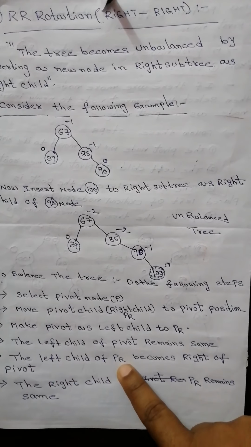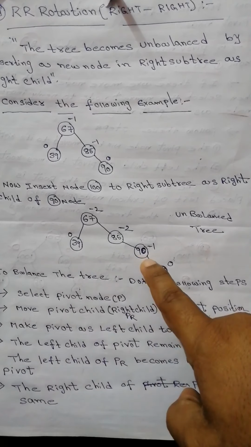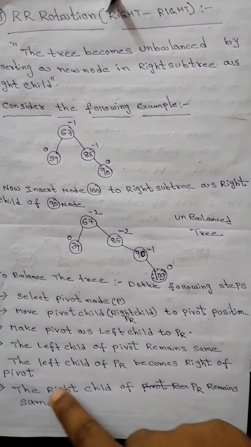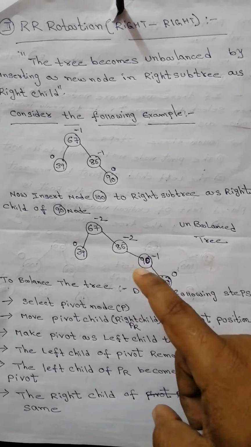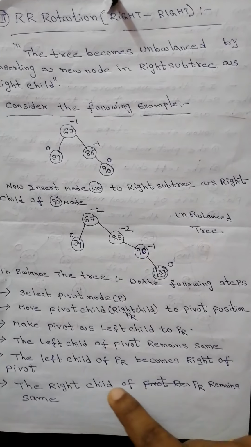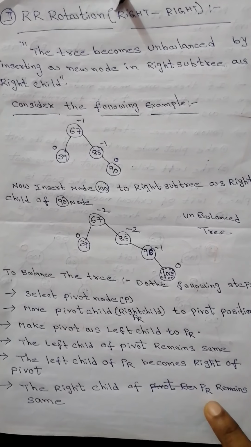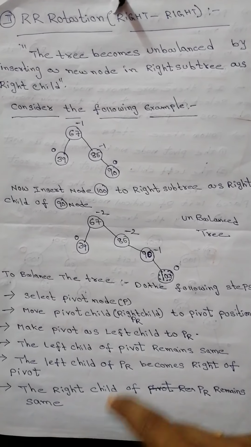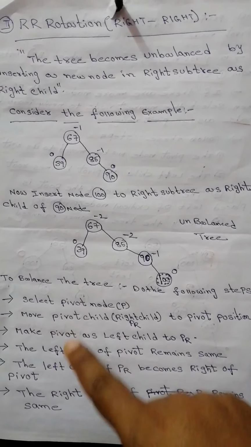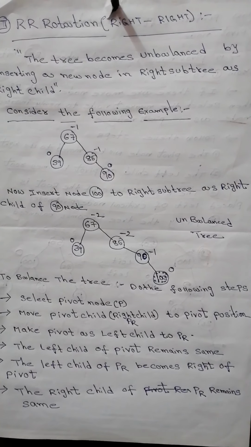The left child of the pivot remains the same. The left child of the pivot right child, the left child of PR, becomes the right child of the pivot. Whenever the pivot right has a left child, it becomes the right child of the pivot. The right child of PR, the pivot right child, remains the same. These are the steps we use to make this tree a balanced tree.